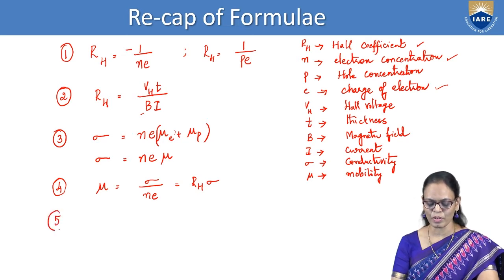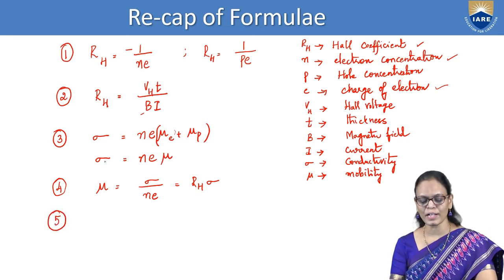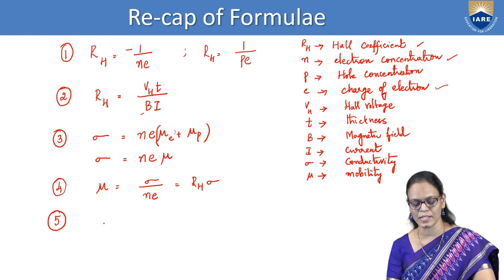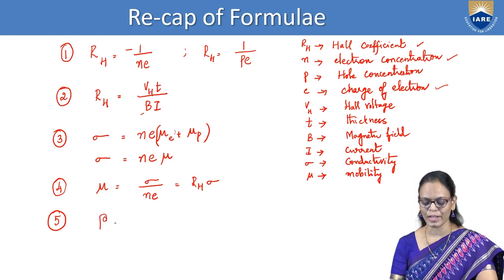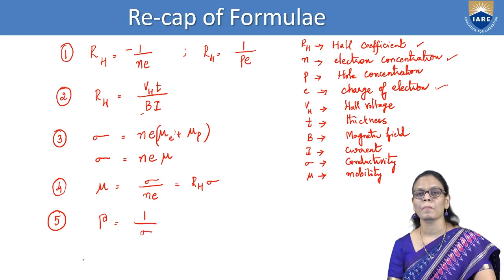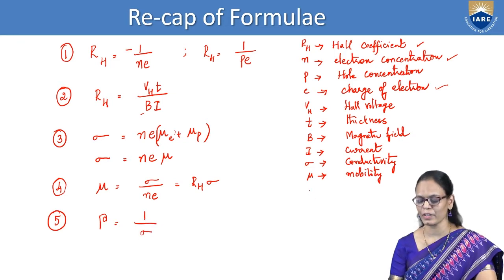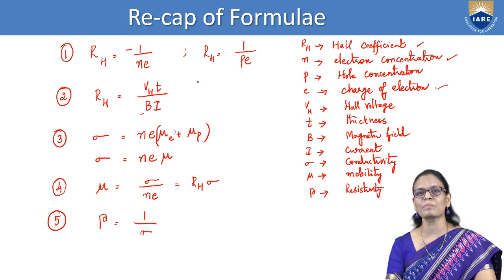And one more formula is, if you know the conductivity, you can find the resistivity. Rho is the resistivity, which you can get using 1 by conductivity. So all these formulae will be very handy.